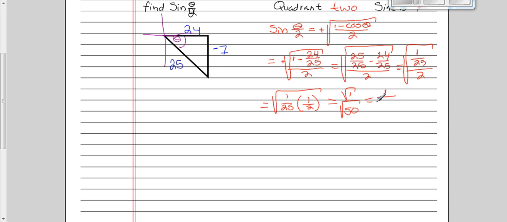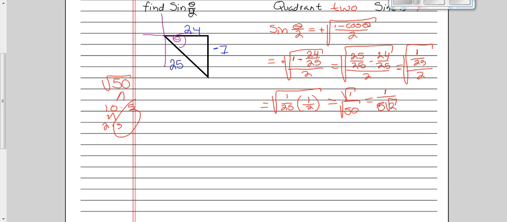Square root of 1 is 1, of course. Now I'm going to factor tree to see what I can pull out of this 50. So I get 10 and 5, 2 and 5, so I can pull out a 5, leaving a 2 underneath, so I get 5 square root of 2.